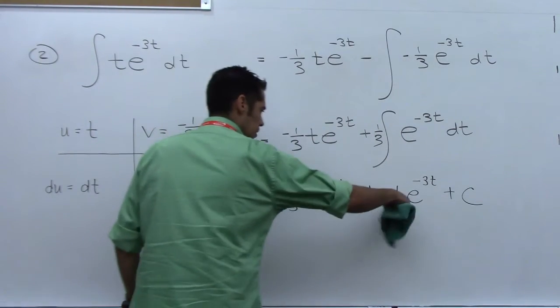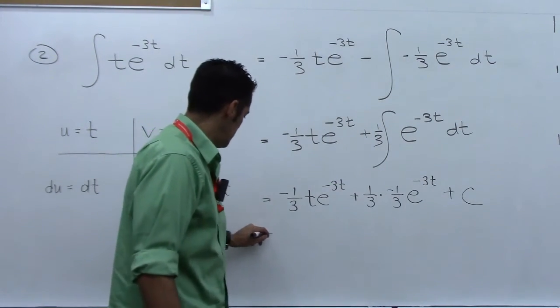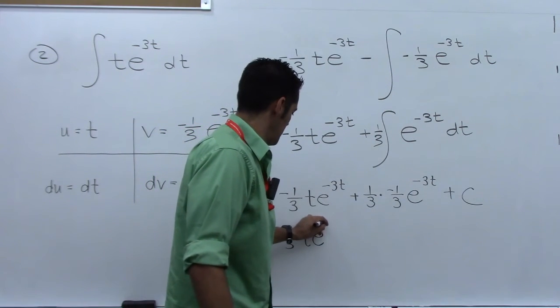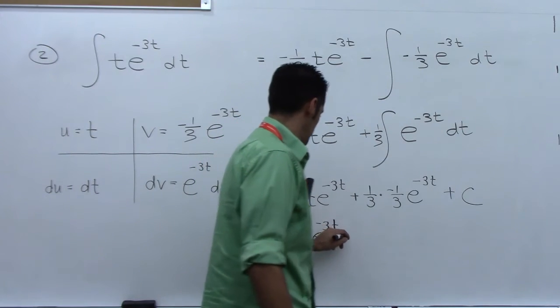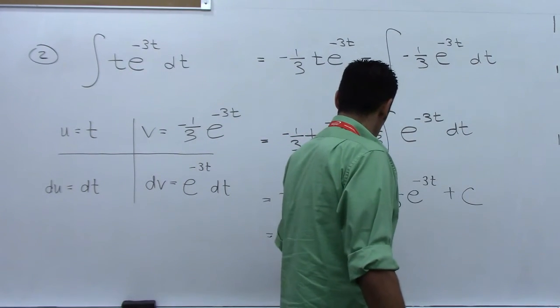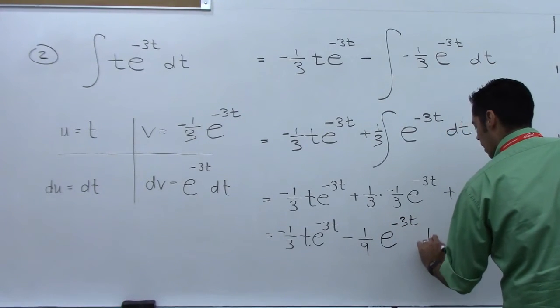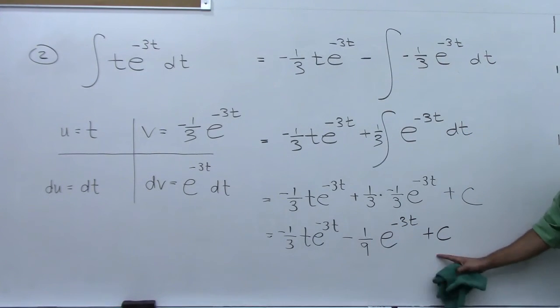Then put these two together and we should be done. Minus 1/9 e to the negative 3t plus c. That's it.